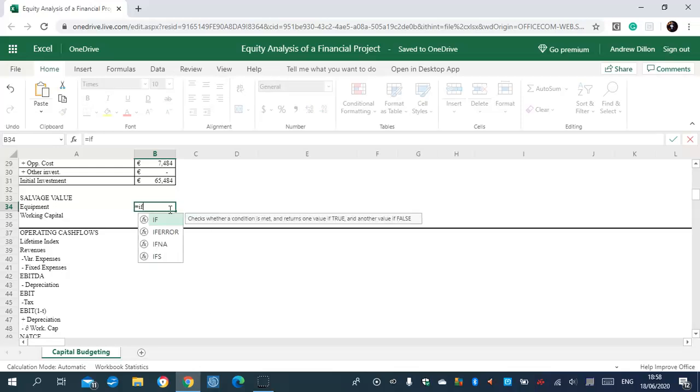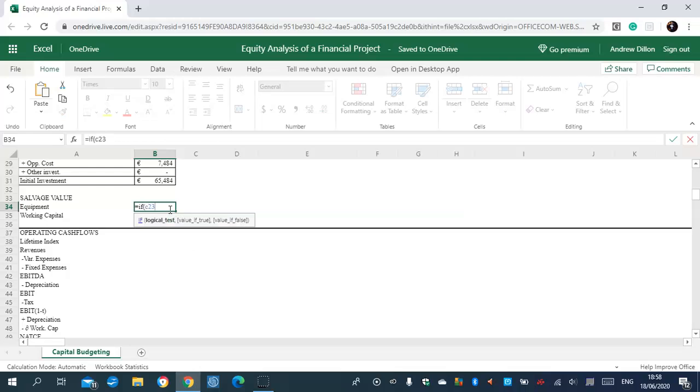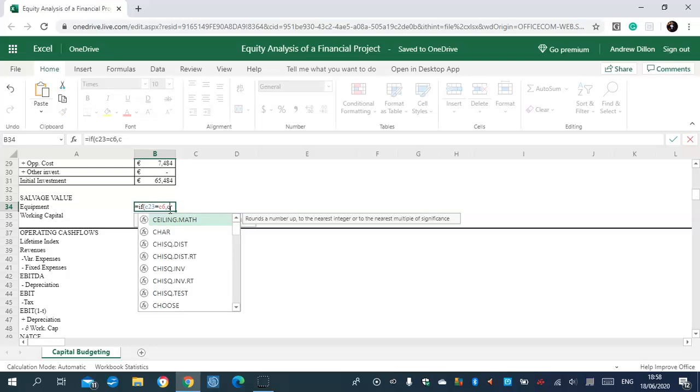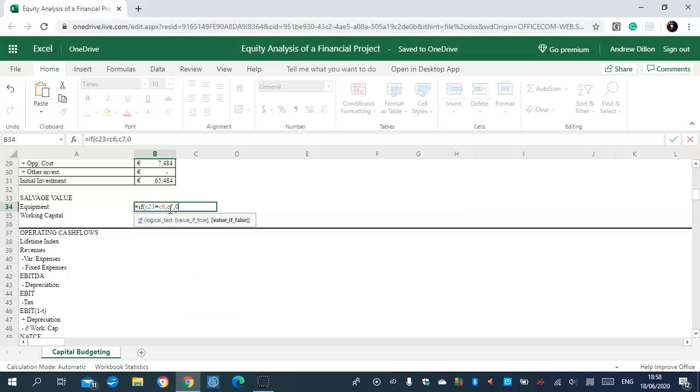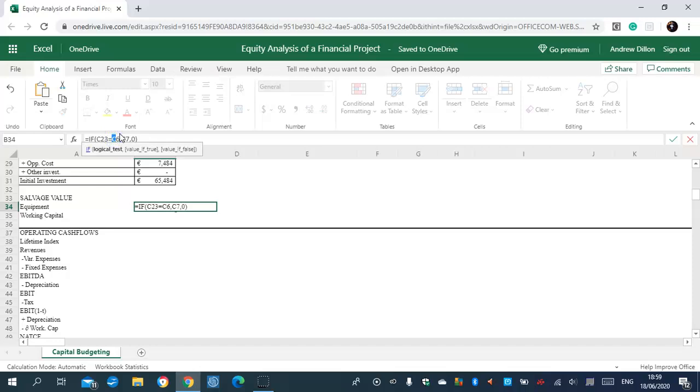So IF C23 equals C6, C7, 0. Let's see if it's 6 altogether.